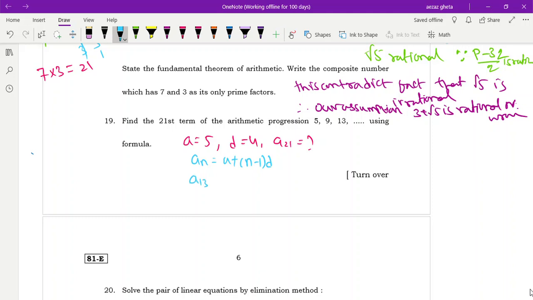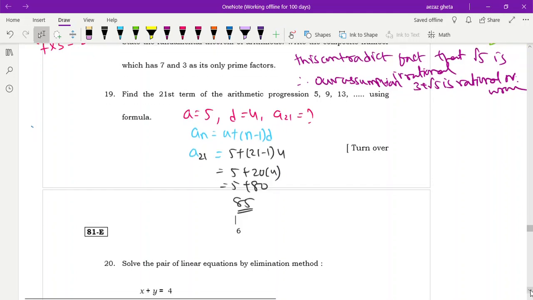So a21 equals a, which is 5, plus 21 minus 1, d is 4. 5 plus 20 into 4, 5 plus 80. Answer is 85. Understood? The 21st term of the AP is 85. This is a very easy question.